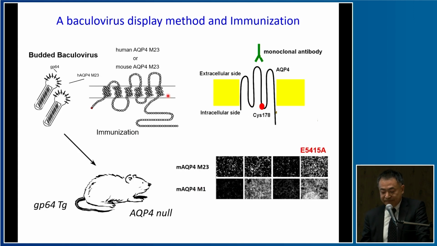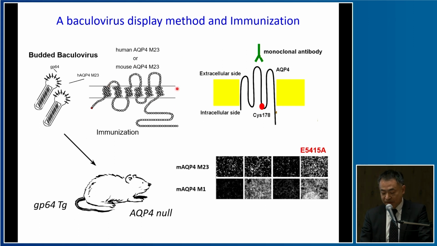To develop a good animal model for NMO, we initially developed monoclonal antibodies recognizing the aquaporin 4 extracellular domain using the baculovirus display method, in collaboration with Professor Hamakubo at the University of Tokyo.